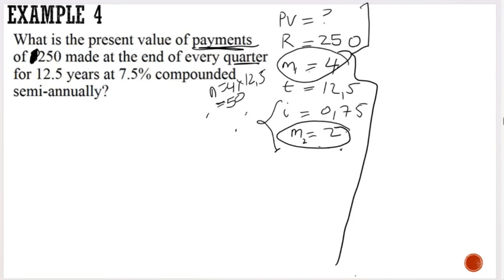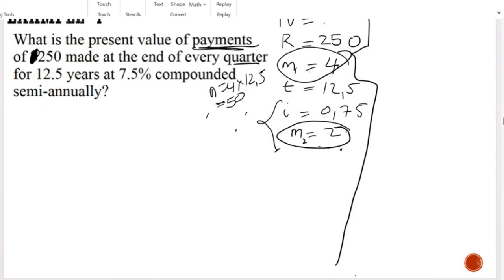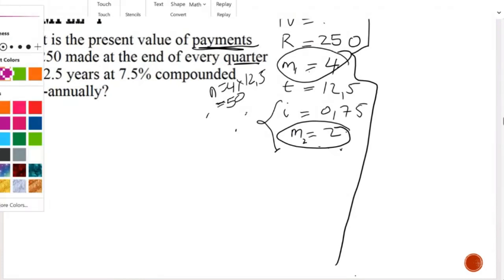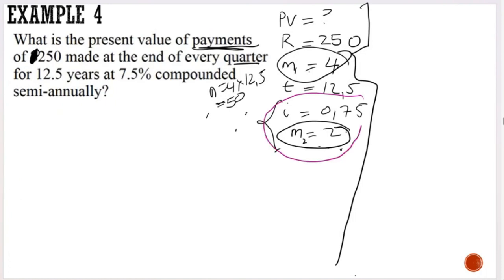So we need to try and solve this problem. How do we solve it? We are going to isolate this part, put it on the side, and convert this interest into quarterly compounding periods. So we are going to get the formula for Jn.